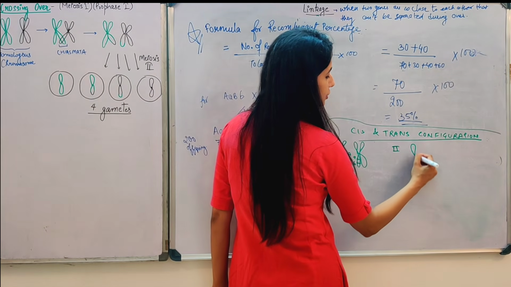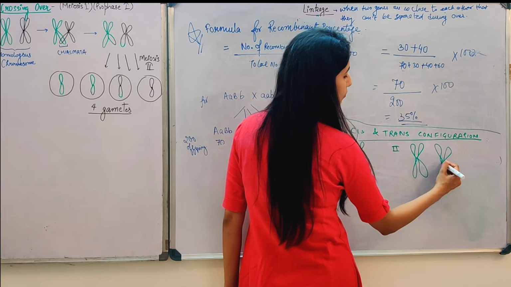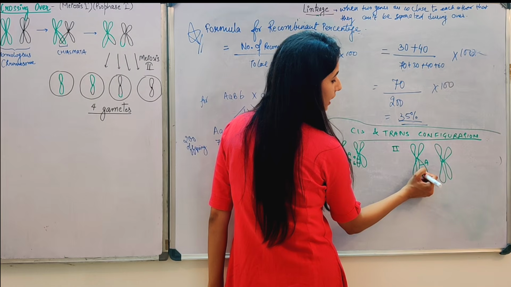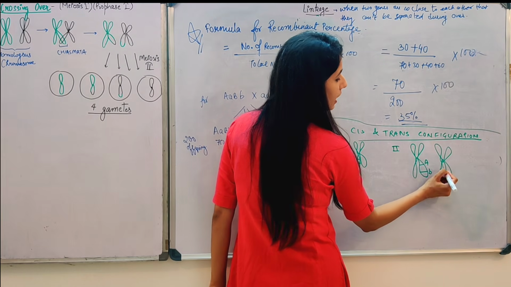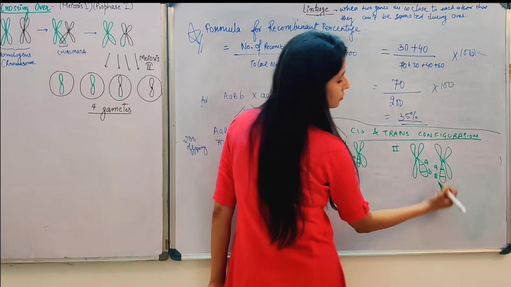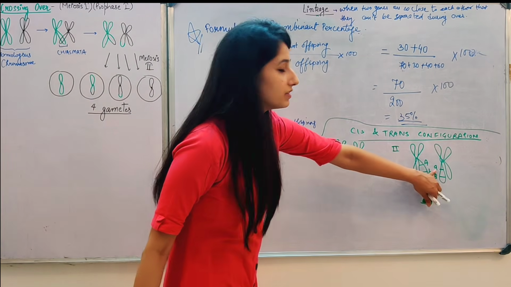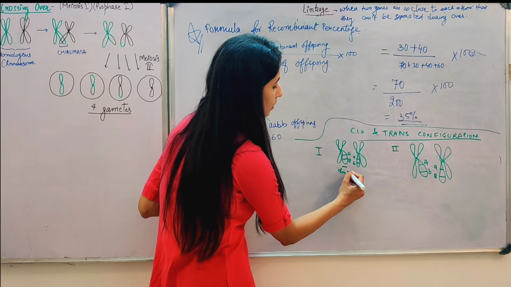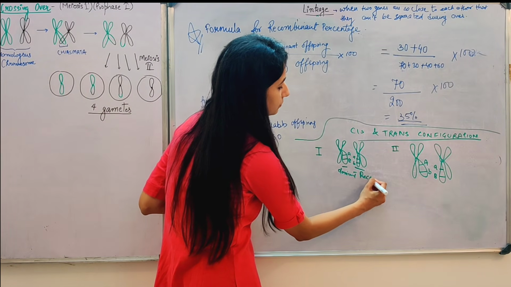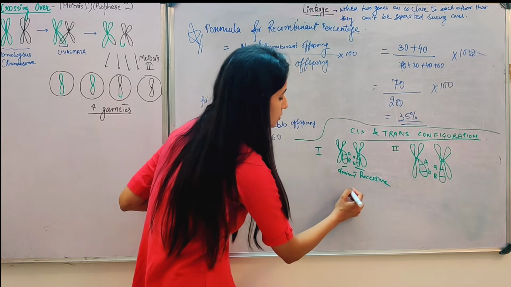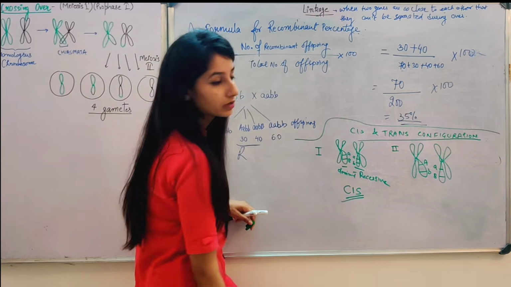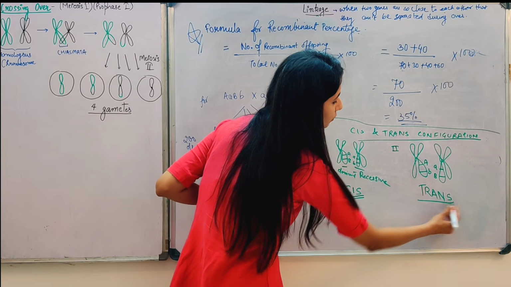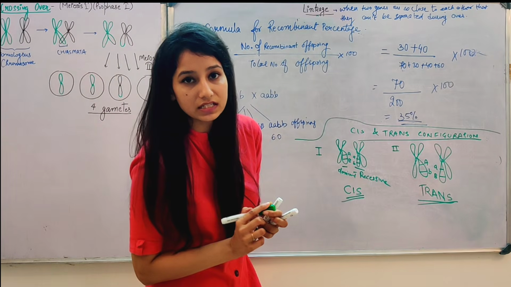While in the second condition, in the two homologous chromosomes, both contain dominant as well as recessive genes. As one contains dominant A, it will contain recessive B, and the other contains recessive A and dominant B. So this type of configuration is known as cis configuration, while this type of configuration is known as trans configuration.